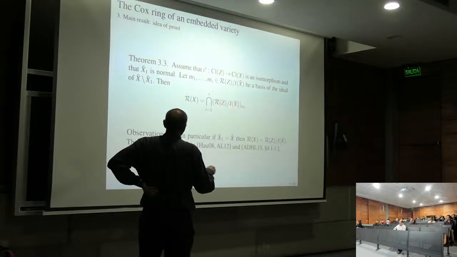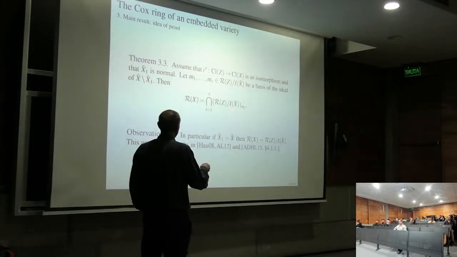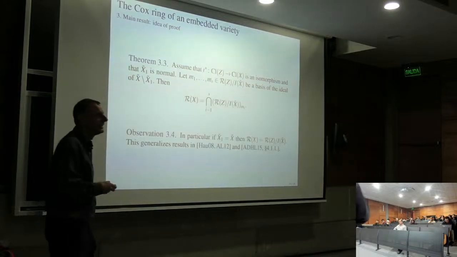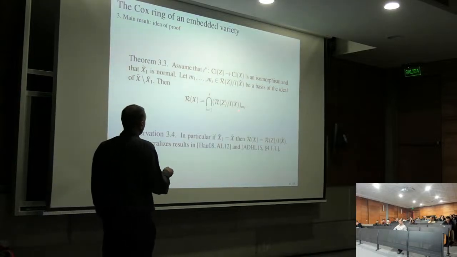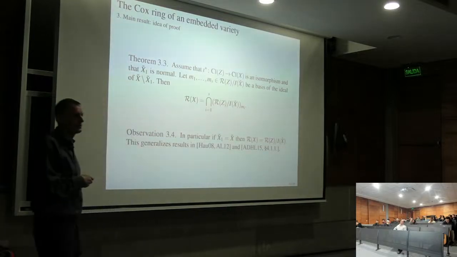Then the Cox ring is the intersection of this localization. So this is a ring of regular functions of X tilde into this affine ambient, which is Z bar. And these are localizations with respect to this element, and this is an intersection of these.